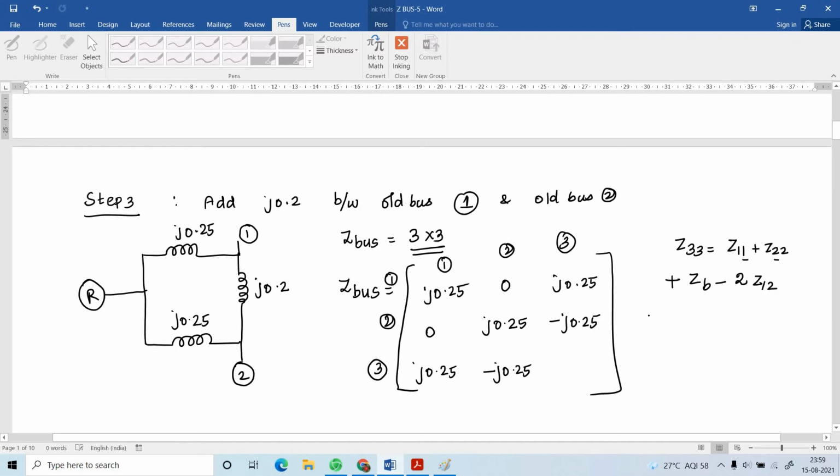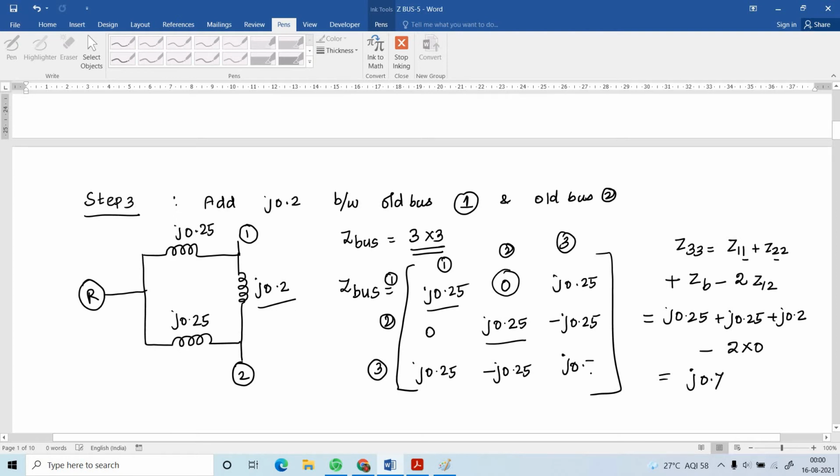This is the way to find Z33. What is Z11? That is J0.25. What is Z22? J0.25. And what is ZB? ZB is J0.2. And what is Z12? Z12 equals 0. 2 into 0. 0.25 plus 0.25 is 0.5. 0.5 plus 0.2, that is 0.7.